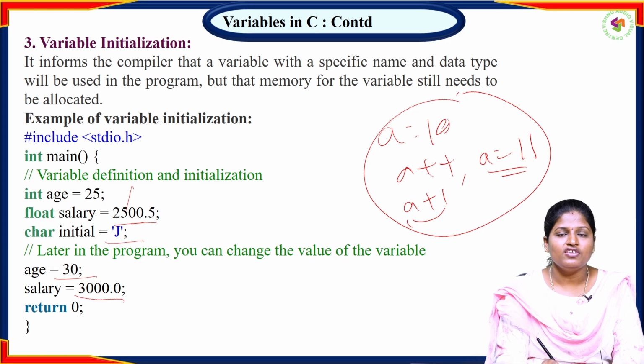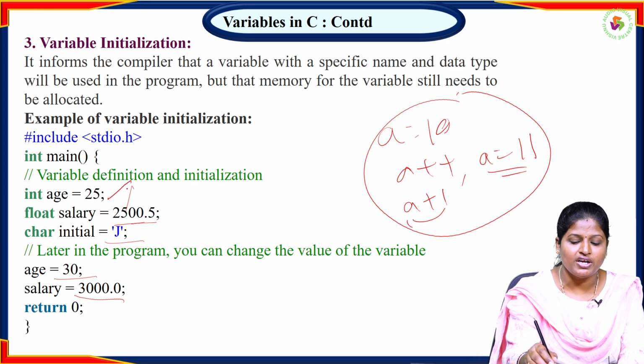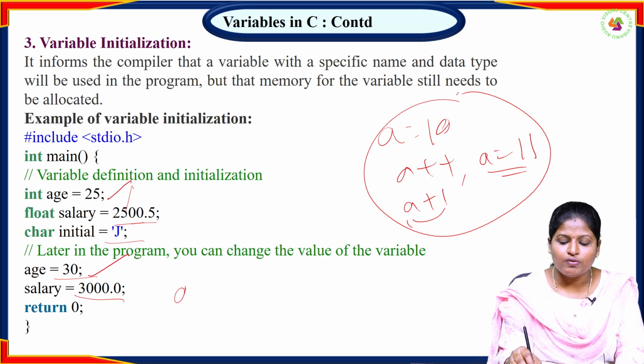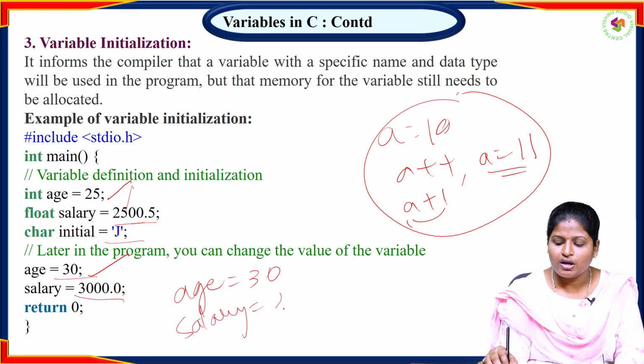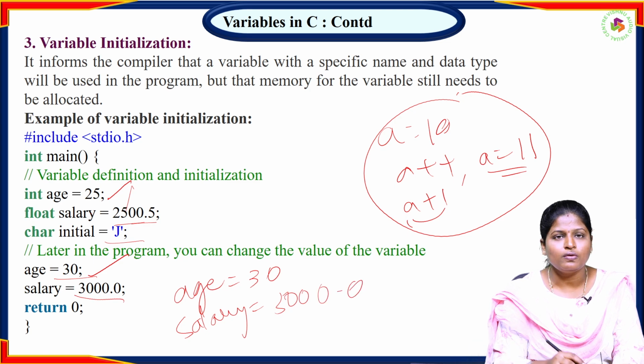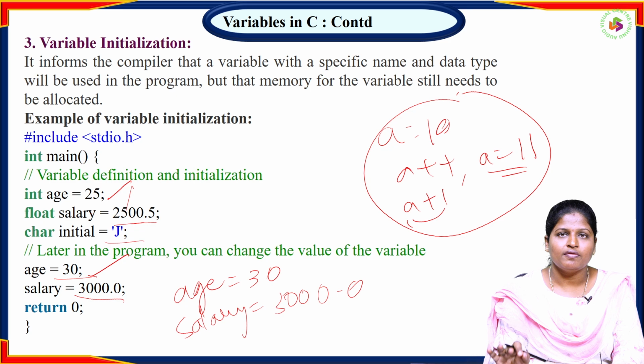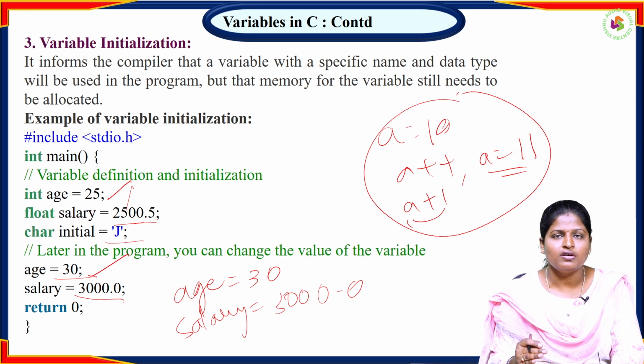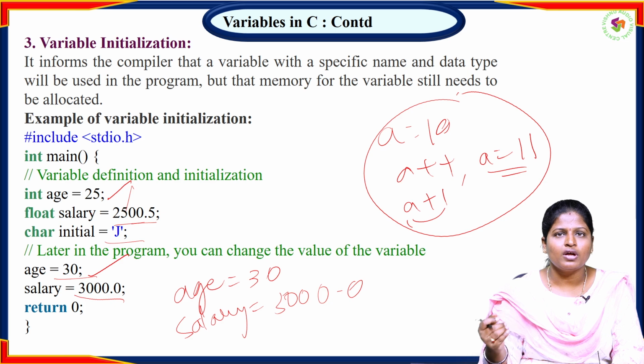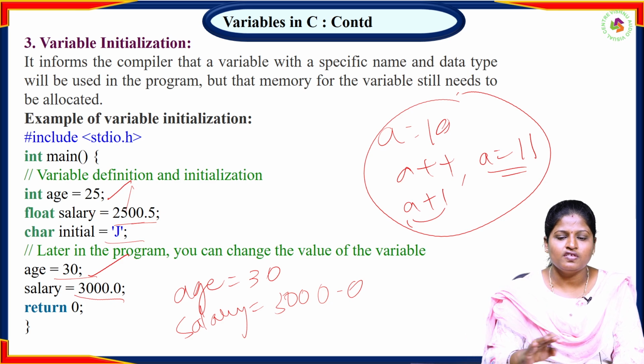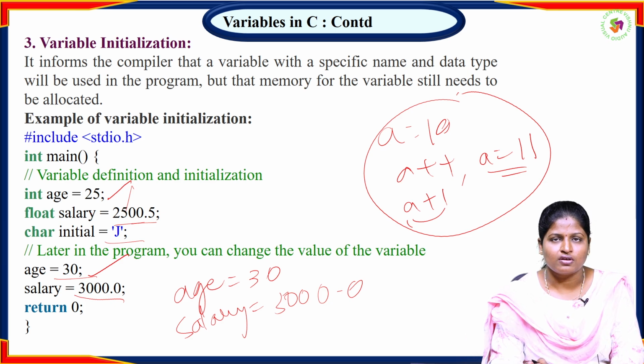The value has been changed from 25 to 30. If you want to print the age, your answer will be 30, and if you want to print the salary, your answer will be 3000.0. So variable initialization means the variable value which you take in the initial case won't remain constant. It depends on whatever program we write, the variable value will change. This is about the variable initialization.